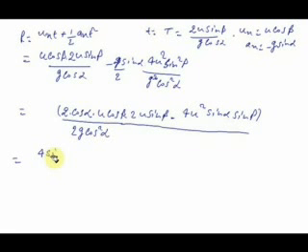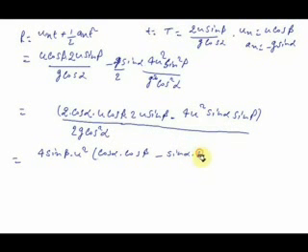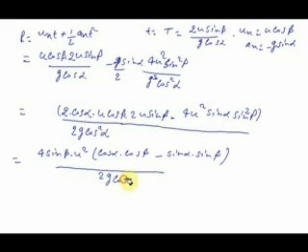So what is left here is cos alpha into cos beta, and here it is sine alpha into sine beta, this is sine square beta, by 2g cos square alpha.